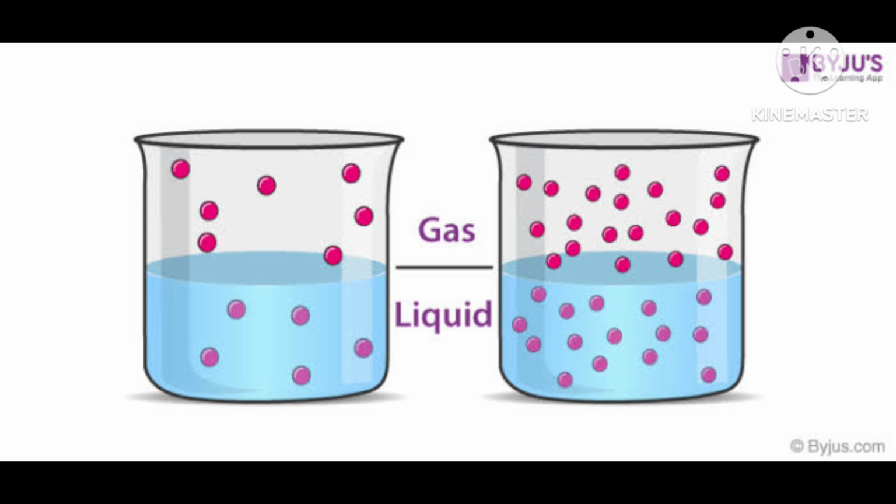About protein, you should know that protein's molecular mass varies too much. It can go up to 50,000. Different types of proteins are there, with different molecular masses, and the variation is too much.